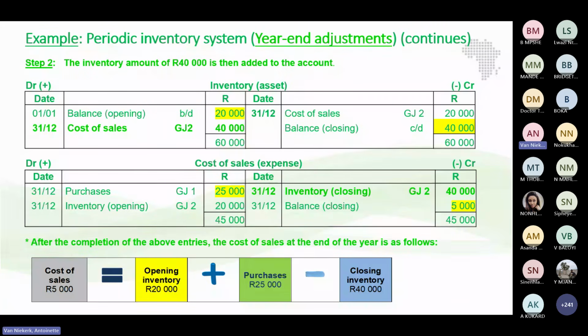Then we brought in the 40,000 Rand, because this is now basically your inventory account, the opening balance for the next financial year or period. So this 40,000 Rand you brought into the inventory account and you recorded it against the cost of sales account at also 40,000 Rand.